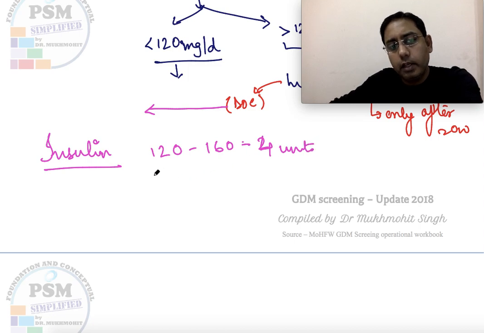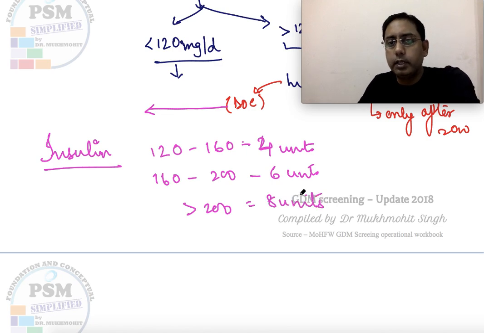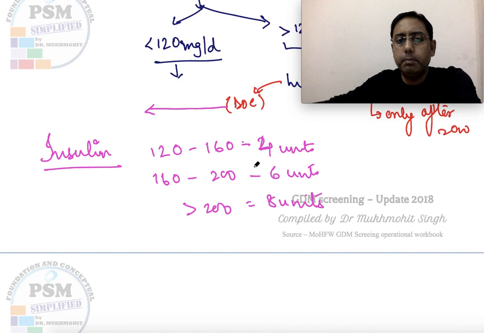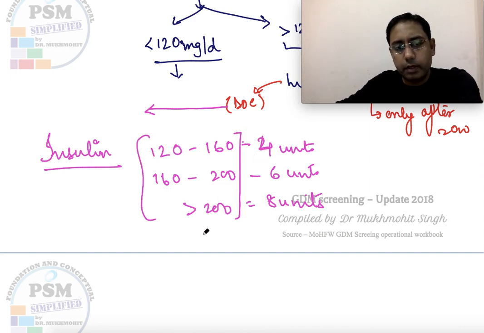If it is 160 to 200, the insulin given is 6 units, and if it is more than 200, the insulin given is 8 units.